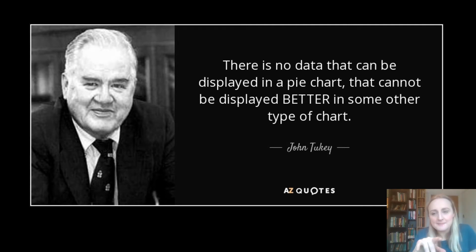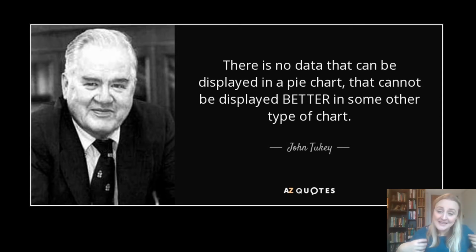Now, this quote is by John Tukey, a very famous statistician, very much a leading expert in representations of data. He lived in the 1900s and died in the year 2000. He was responsible, for example, for the invention of the stem and leaf chart and stuff like that.